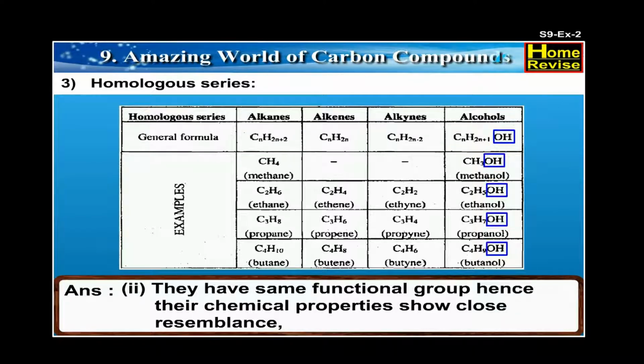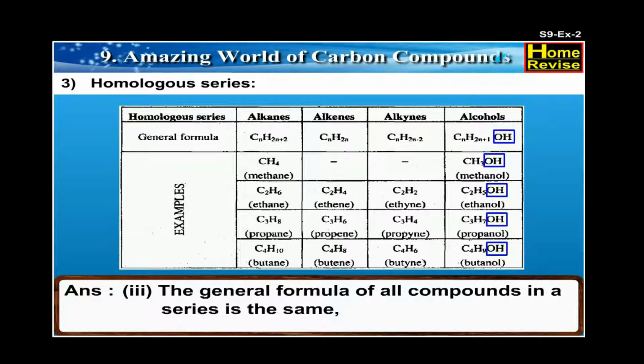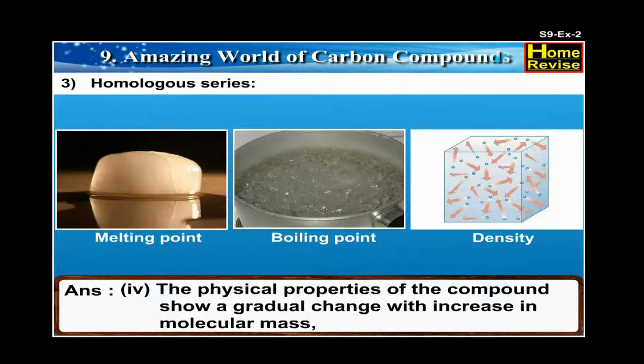Second, they have the same functional group, hence their chemical properties show close resemblance. Third, the general formula of all compounds in a series is the same. Fourth, the physical properties of the compound show a gradual change with increase in molecular mass.